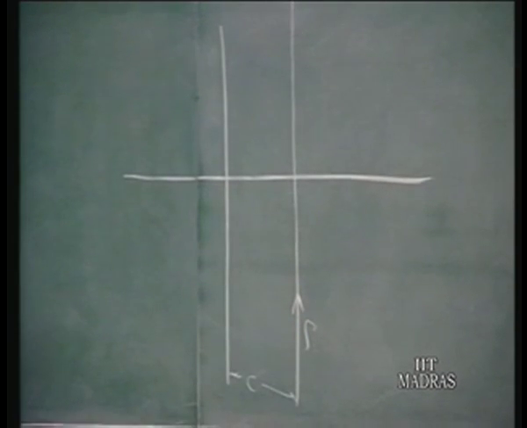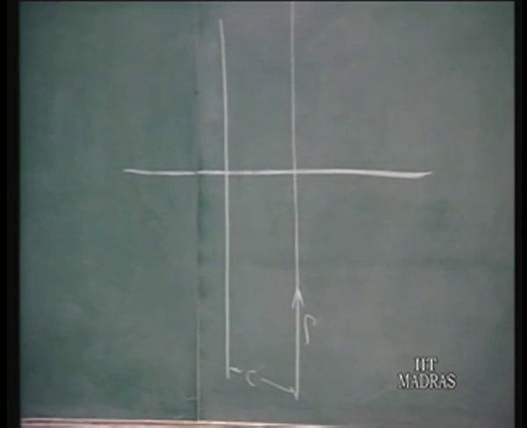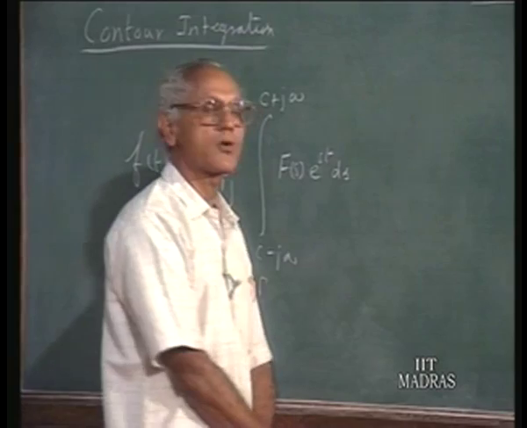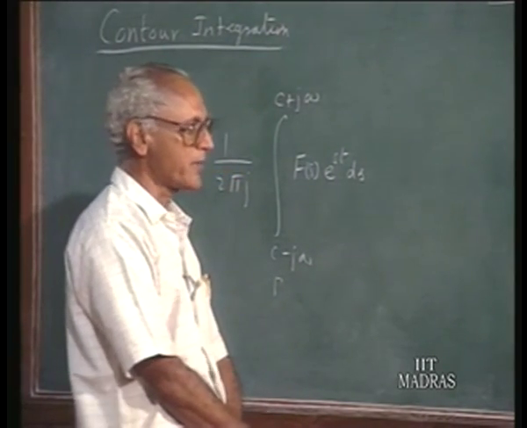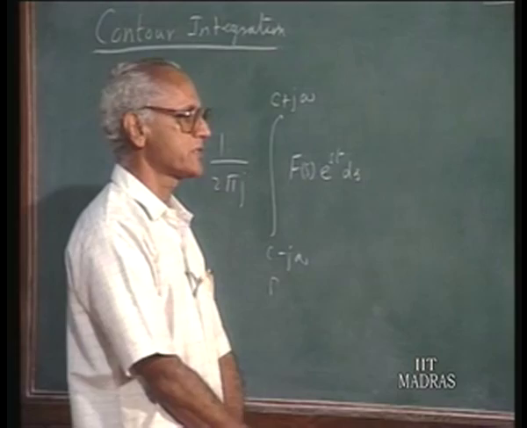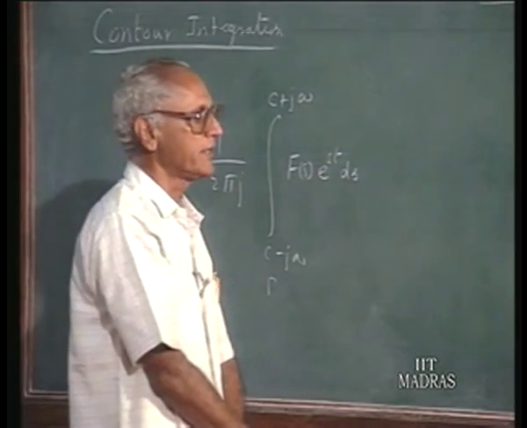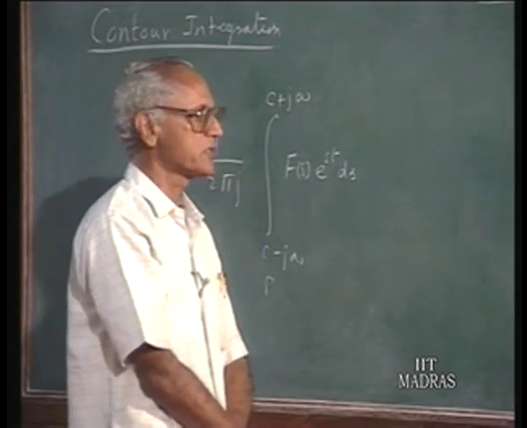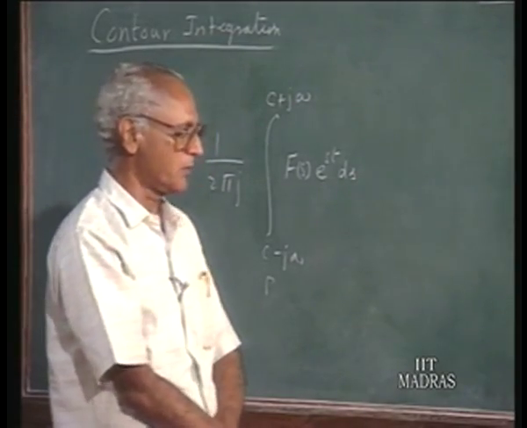So this integration is along this. Now it's easy to evaluate the integral along a closed contour in a complex plane, because from the theory of residues, once you have integration over a closed contour, that is equal to 2 pi j times the residues of the poles inside the contour, from the complex variable theory.